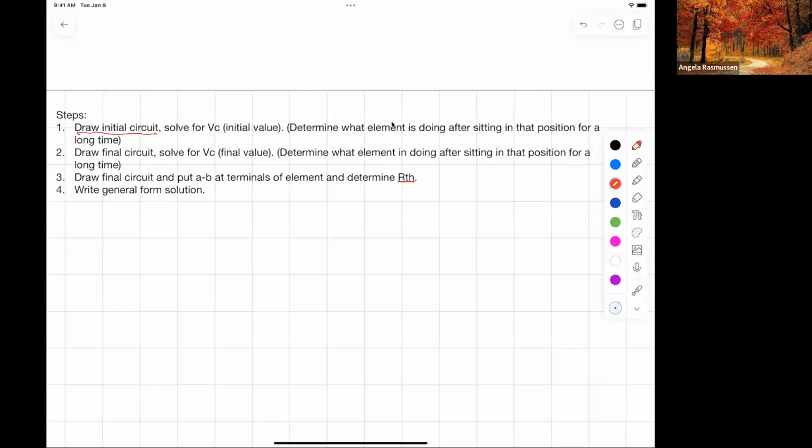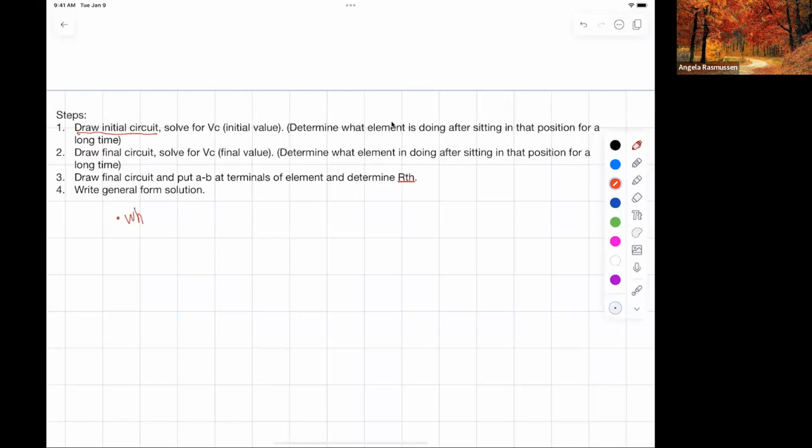For the switch, you're going to look at when it says t equals 0 and which way the arrow is going. If it's t equals 0 and the arrow goes up, that means the switch becomes open. If the arrow is going down, the switch is most likely getting closed. That's how you determine where the switch is.